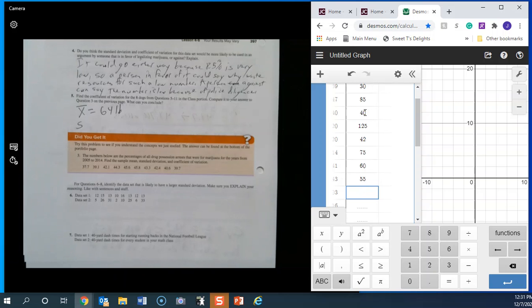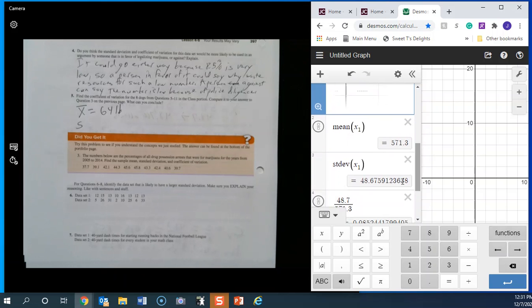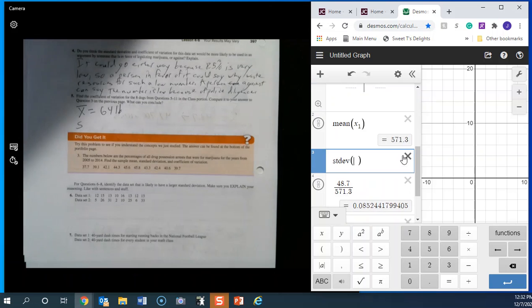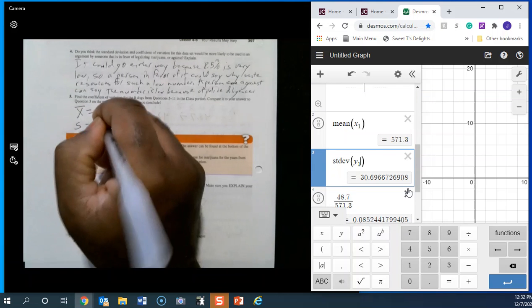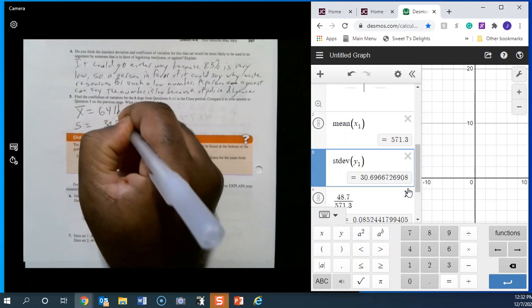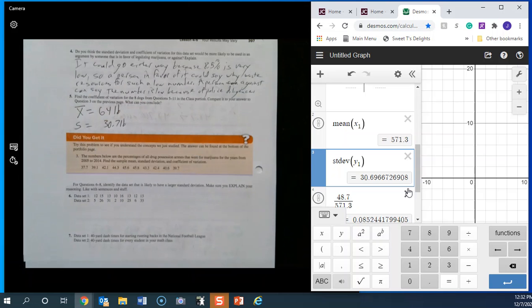All right. So now we will find the standard deviation, and we can make this Y1. So with that, our sample standard deviation would be 30.7 pounds.